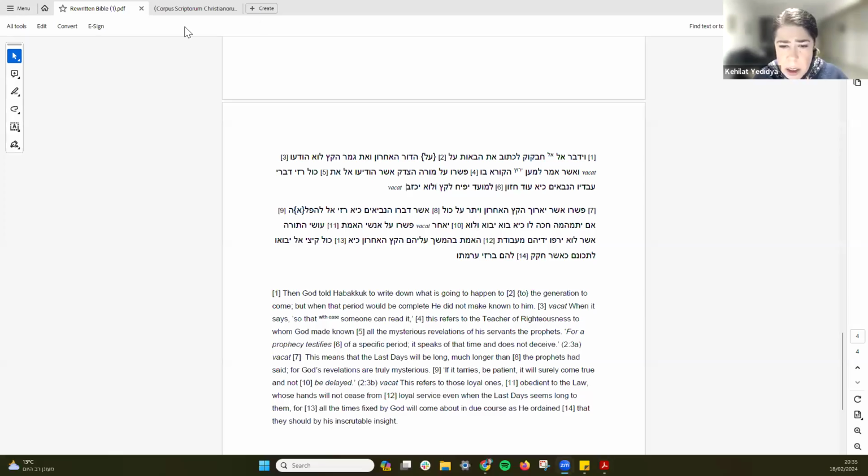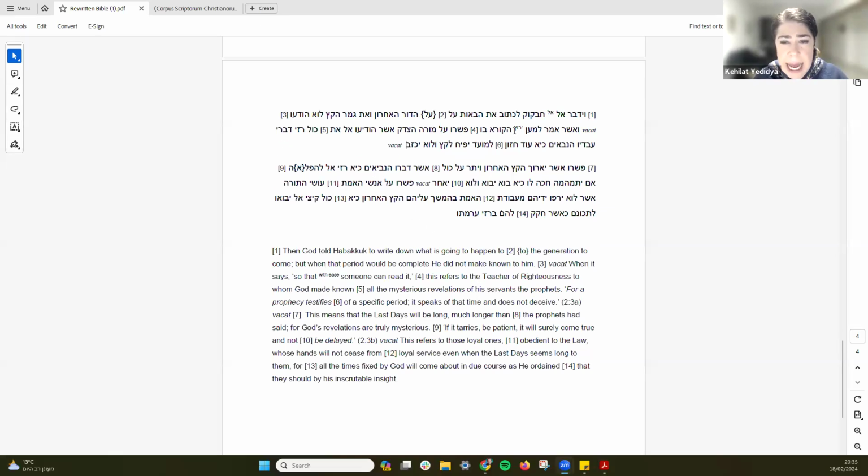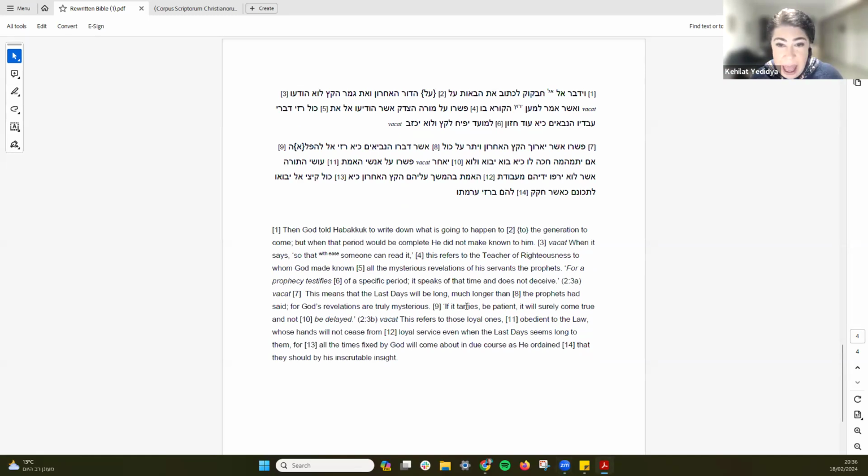Okay, so when the verse says write it down so that someone can read it, kind of runningly, with ease, what it's actually talking about is write it down so that the teacher of righteousness will understand what it's talking about. And that's what it means when it says that the prophecy is speaking for a specific time period.